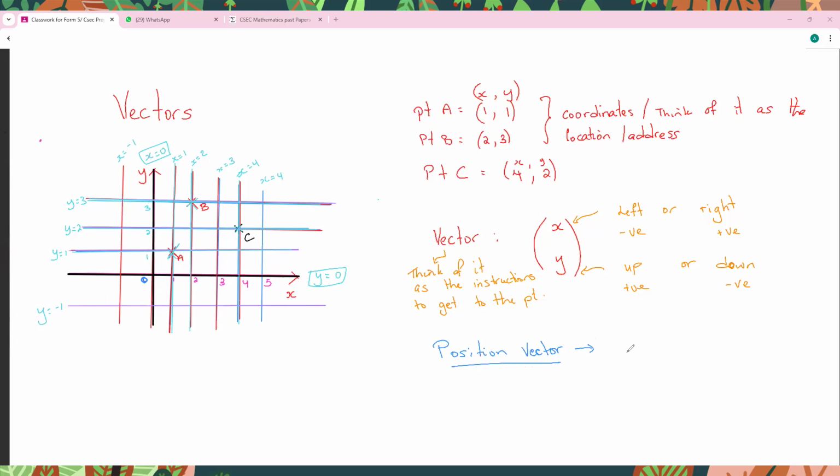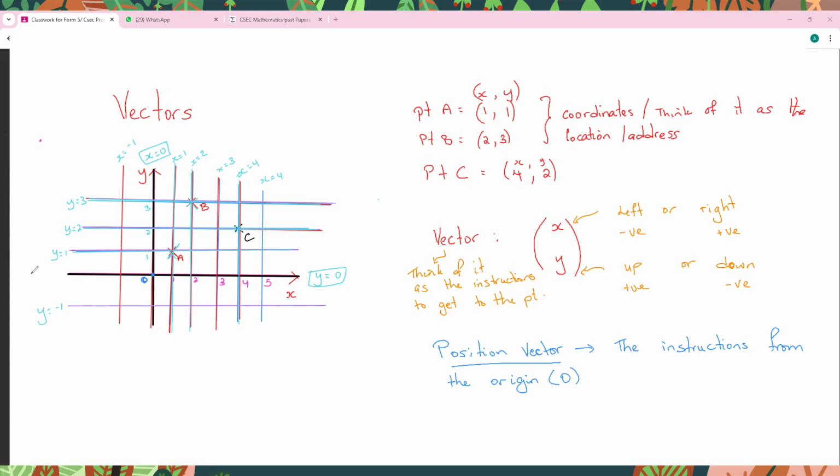So we call it O. Basically, that is this point here, where the y-axis crosses the x-axis.